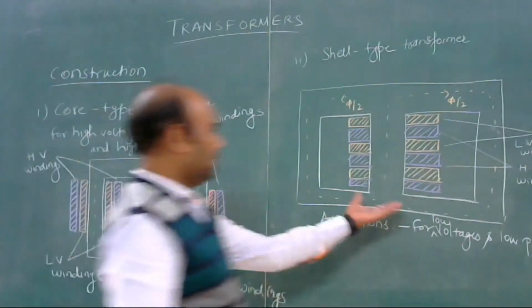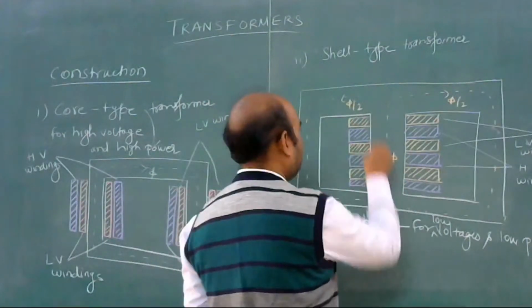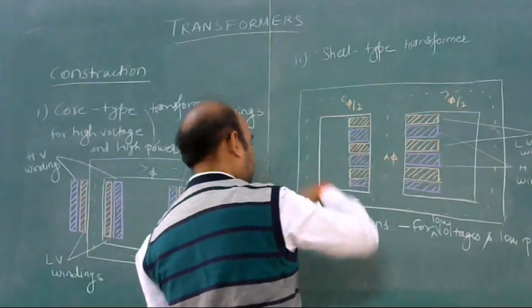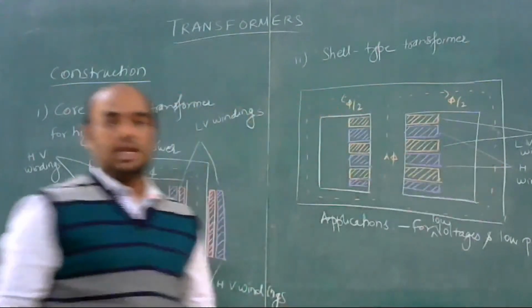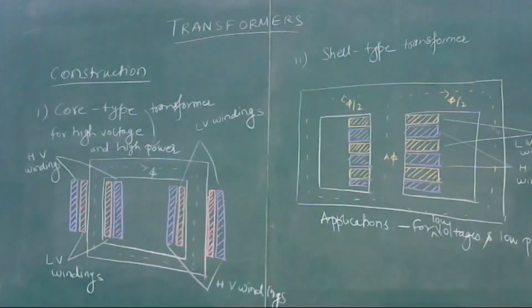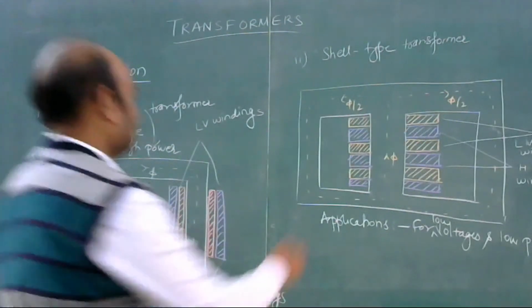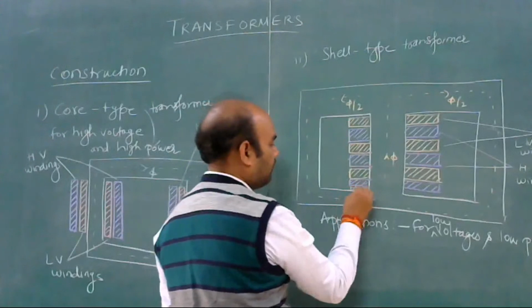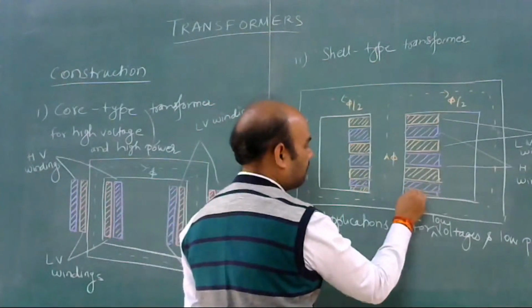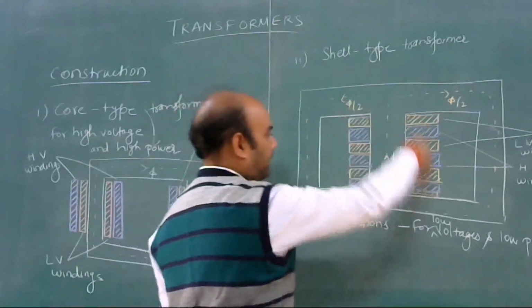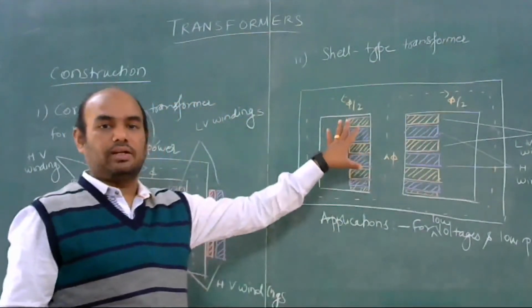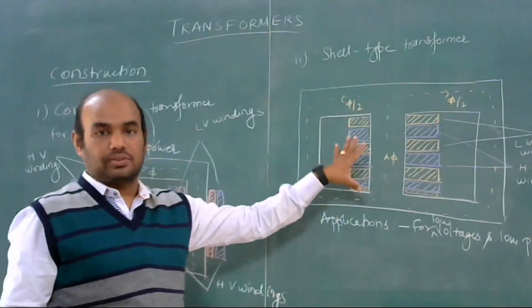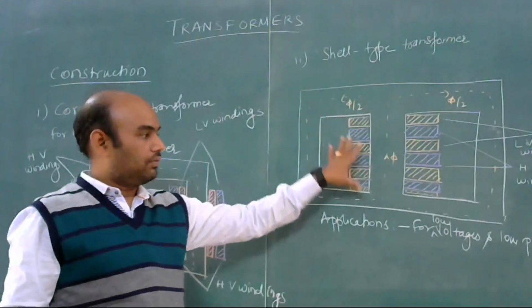So in central limb it will be phi, and it will be divided into two halves in the left limb and in the right limb. So this is LV, HV, LV, HV, LV, HV, and again LV. This type of arrangement of windings is known as sandwich windings or interleaved windings.